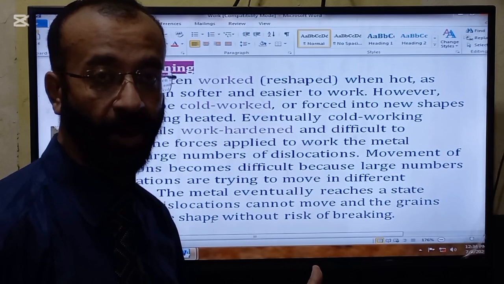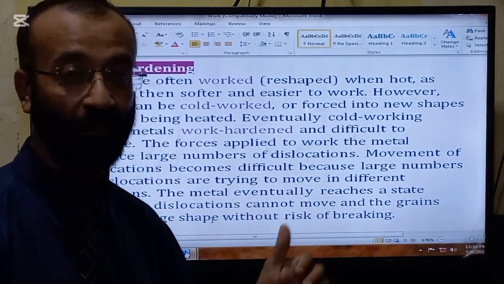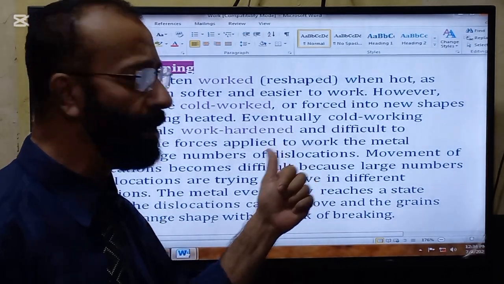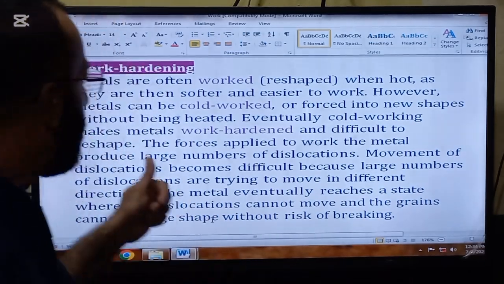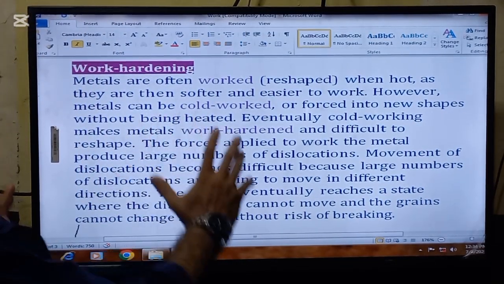So this is called work hardened. So when you work on the metal in the cold state, a lot of dislocations occur in different directions. So metal is always easy to work in hot state.